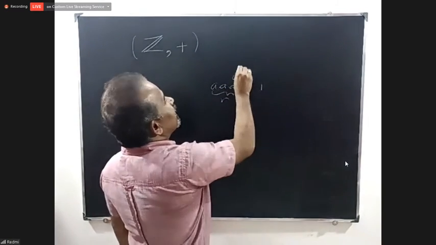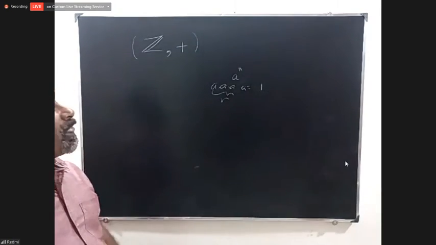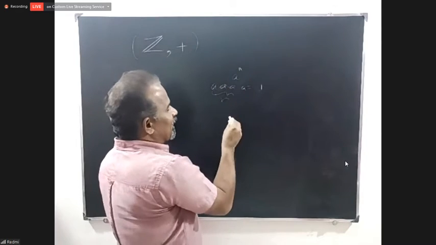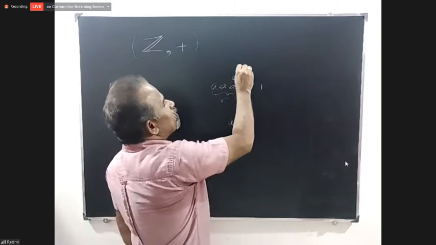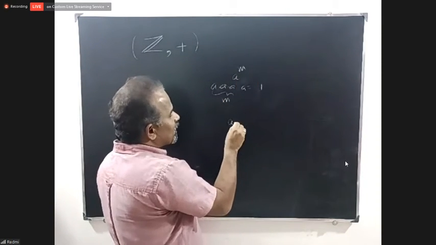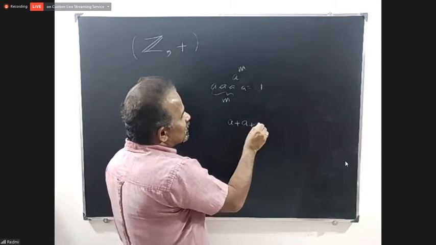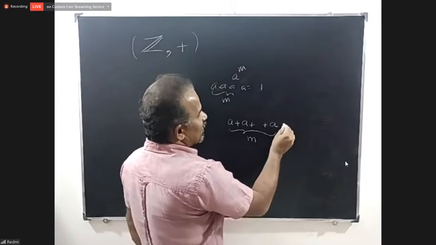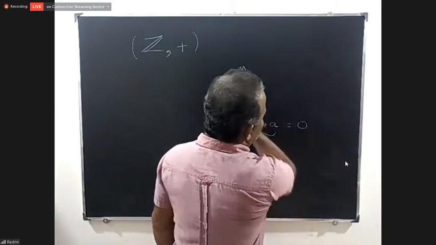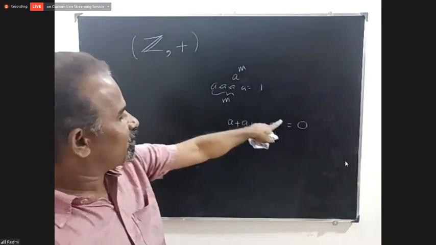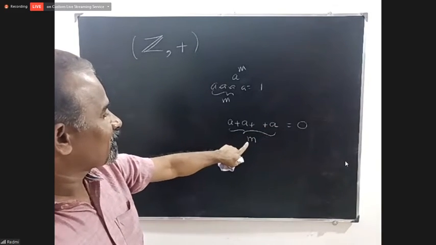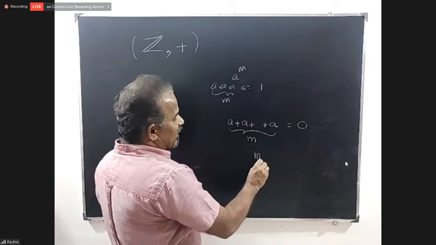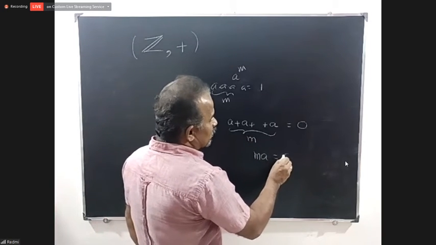So I can write a power n. That is most important. If it is an additive group, a power m becomes a plus a plus and so on, m times, which is equal to 0. Identity is 1 here, 0 here. So m times of a is equal to 0.